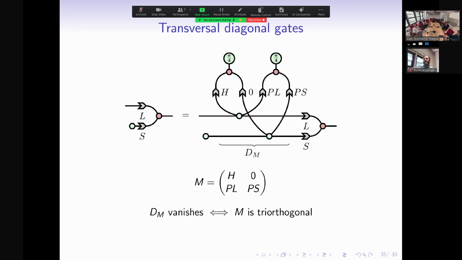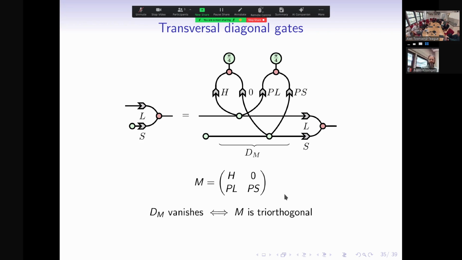In fact, if you take P to be the identity, and you take H also to be the identity, that means implement T gates on all of my logical qubits, with T gates on all of your physical qubits.